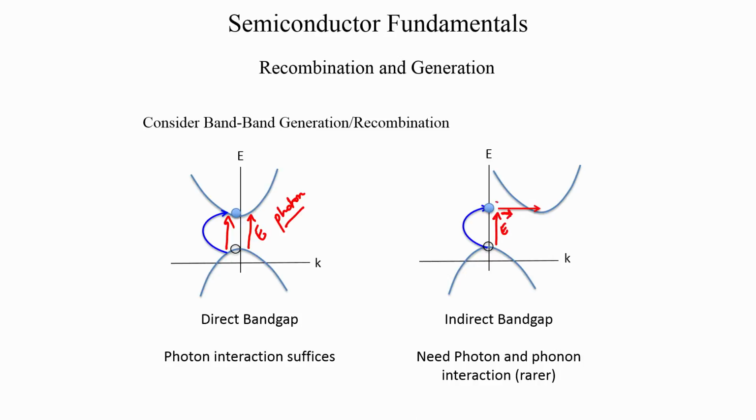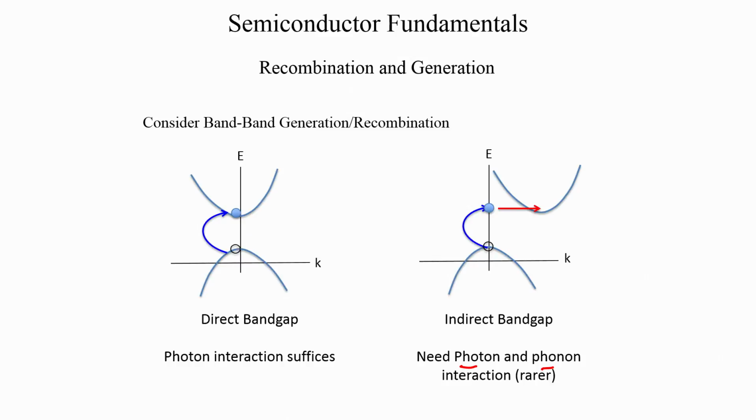Instead, we need an interaction with the phonon to give you a shift in k, and interaction with the phonon cannot give you too much of a shift in E. So, we need to have both. We need to have an interaction with the photon and a phonon for us to generate a carrier. And this is a much rarer process as compared to carrier generation in a direct band gap semiconductor.